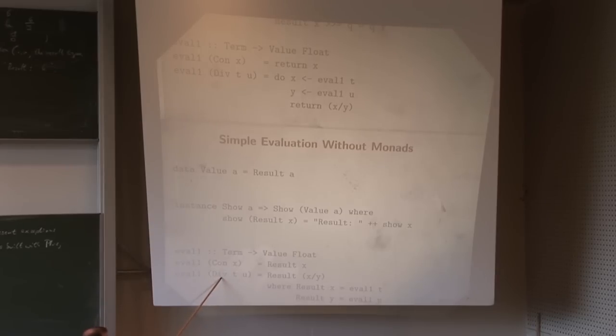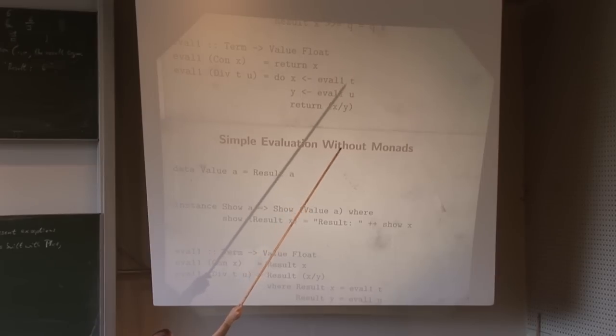Now in the case of div, up to now what we did was we first evaluated t, and we got an object here, and we evaluated u, and we got an object here. And then we took out this x and this y from these objects, we divided them by each other, and then put it back into a value object. Now this is the same thing that is written here.